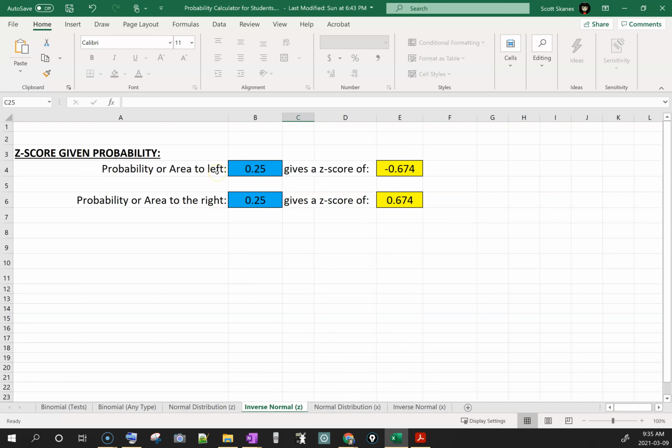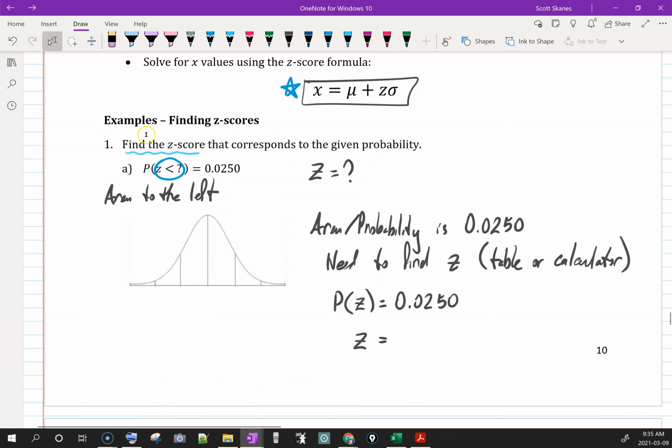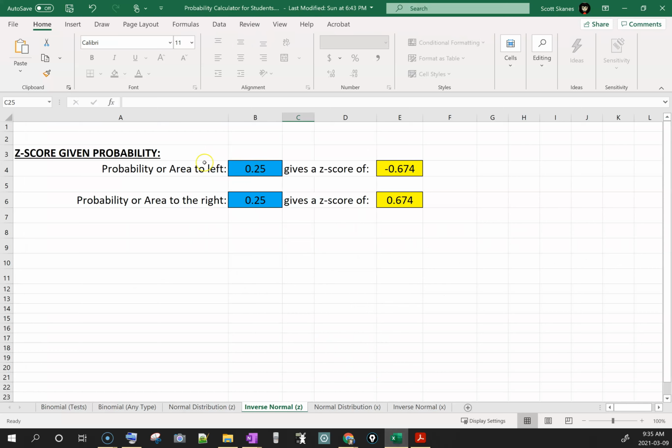Yeah, that's what we want. What were we given? We were given that the probability of the data lying below the z-score is 0.0250. So the probability or area to the left of the z-score, 0.0250, corresponds to a z-score of negative 1.96.